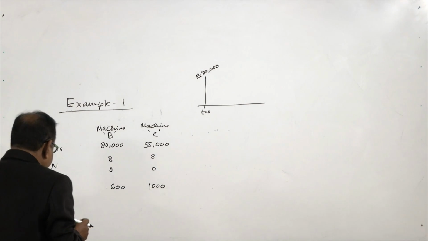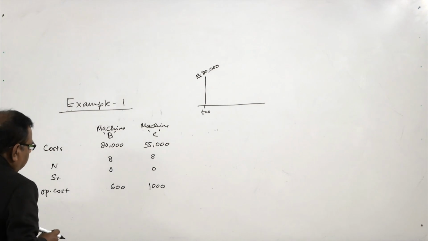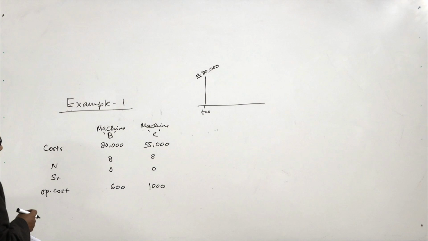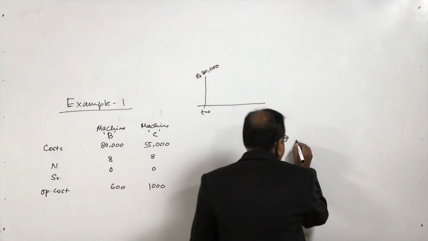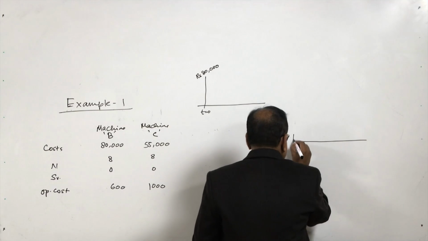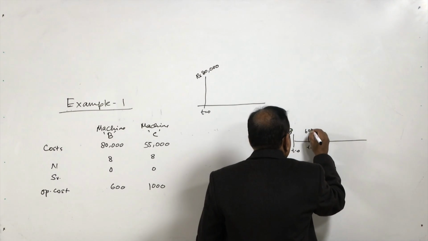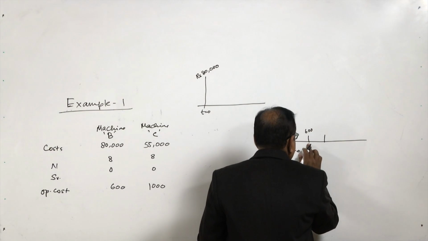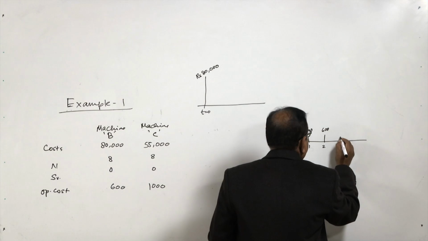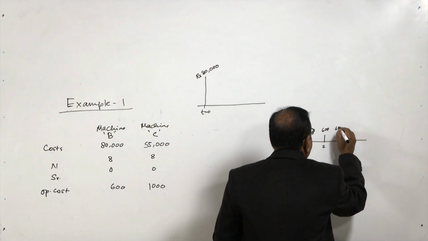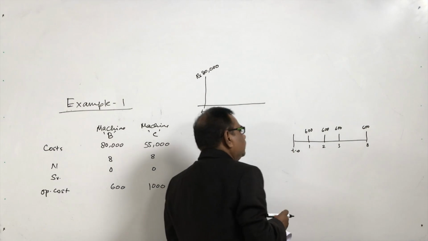Now, this 600 is basically an annuity, and for 8 years the 600 rupees will be paid. That means t equal to 1, 600, 2, again 600, 3 again 600, up to the 8th year again 600 will be paid.